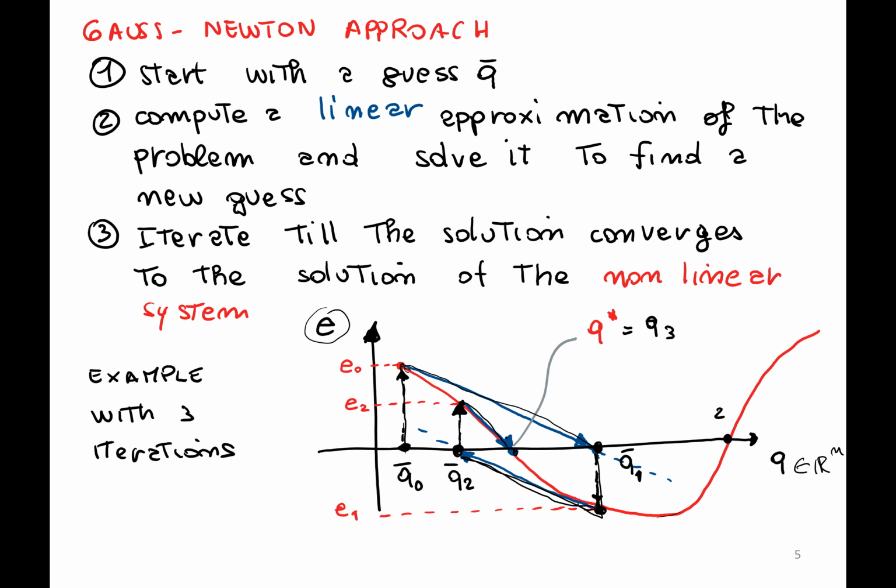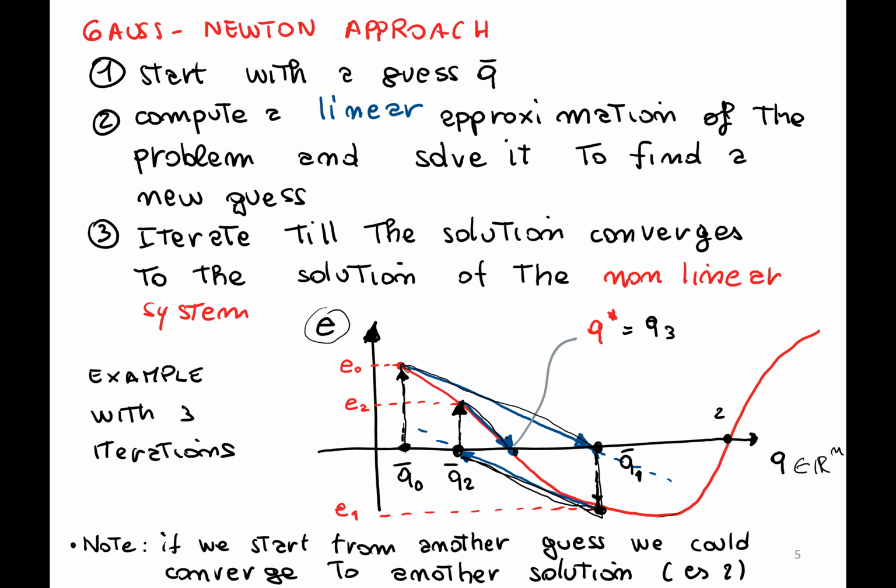So we have the optimum. And note that if we start from another guess, for example, from here, we could converge to another solution. For example, this one. Is it clear?